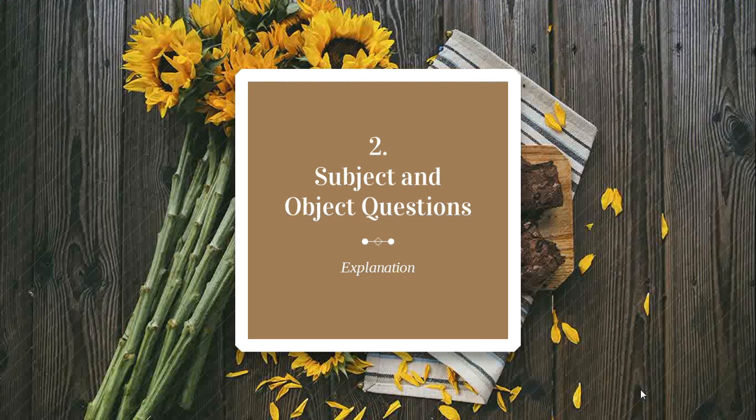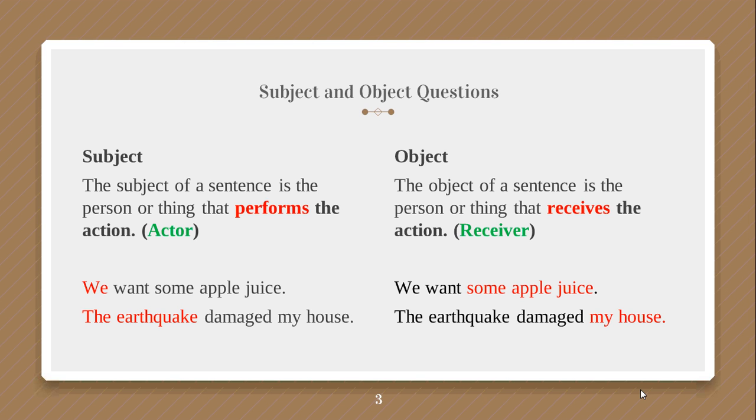Here comes the explanation. Before we continue, it's important to know what a subject is and what an object is. The subject of a sentence is a person or thing that performs the action, and it's called the actor.